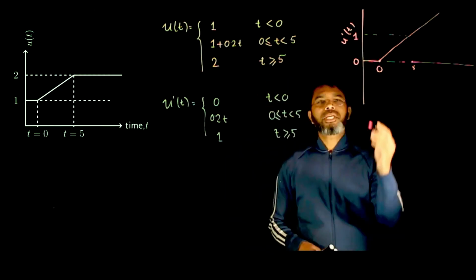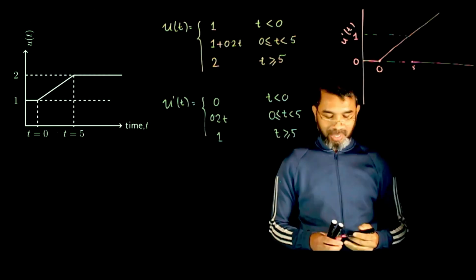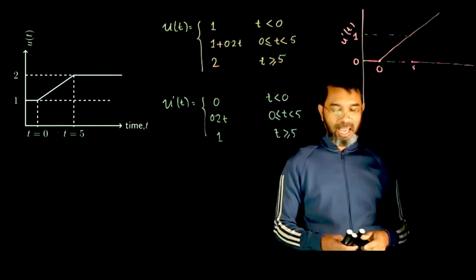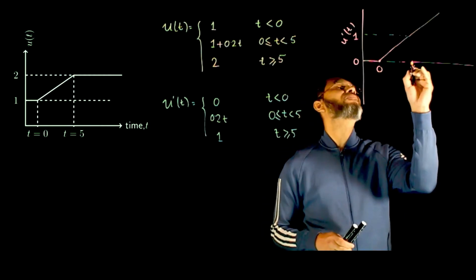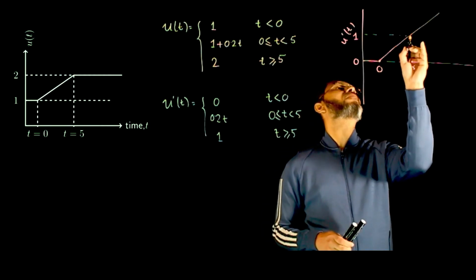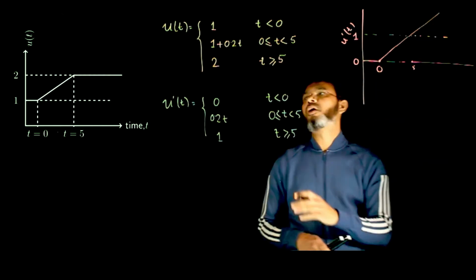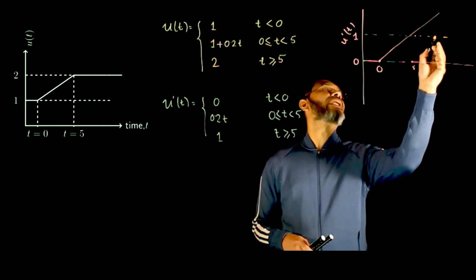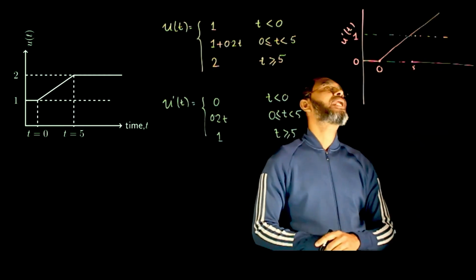If we express this as a ramp, the ramp signal continues to increase beyond time 5. So at time 5, we need something to balance this signal, since the original signal becomes constant here at time 5. We have to add or remove something to make it constant.